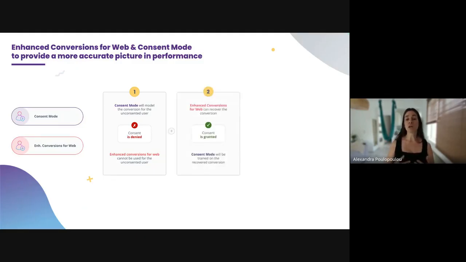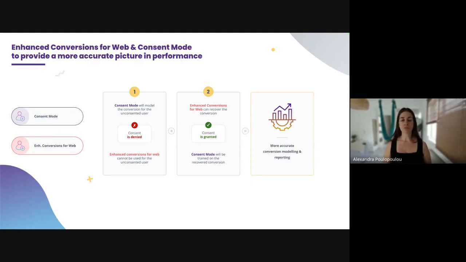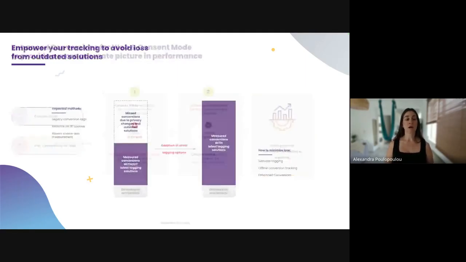But if we have the consent, we have enhanced conversions, we have recovered conversions, and consent mode can benefit from this information. So their models will be trained to bring back more results. With this, we will have more accurate conversion modeling, more data, and our campaigns can be optimized better.